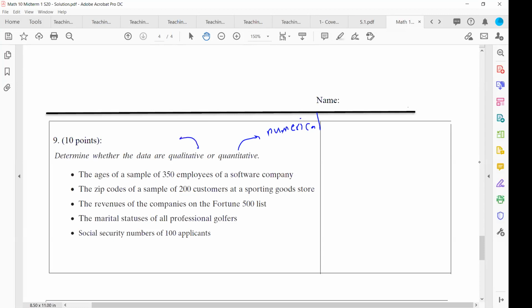Qualitative, categorical. No meaningful algebraic operation on categorical data. The first one says the ages. Okay, of course it is numerical or quantitative.